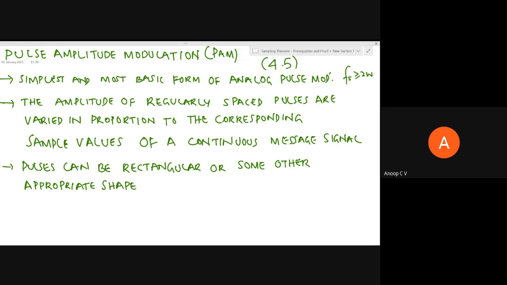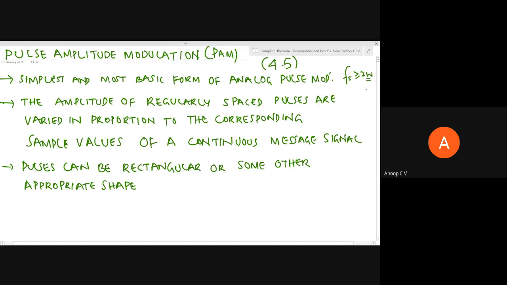So in practice, when we are converting an analog signal to a digital signal or bit sequences, normally we use a pre-aliasing filter, that is a low pass filter which will restrict the frequency content of the signal to be sampled to a maximum of W hertz.